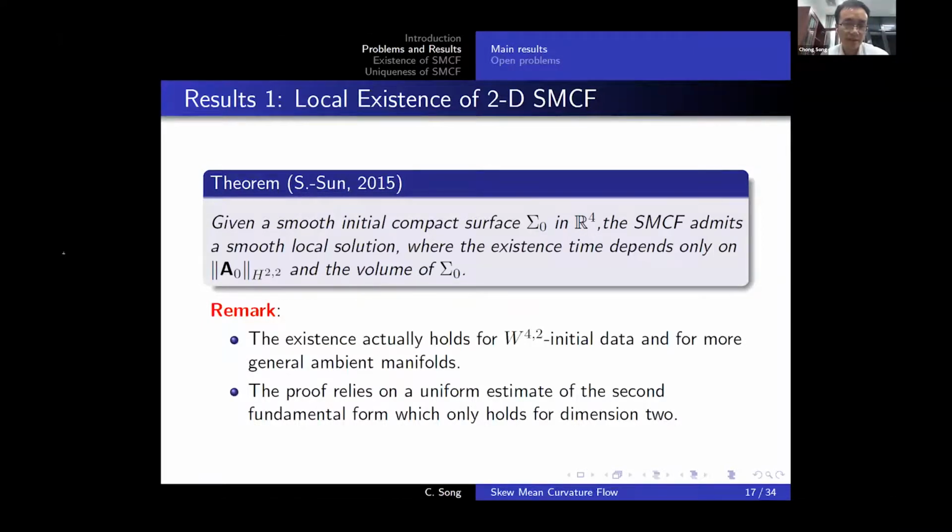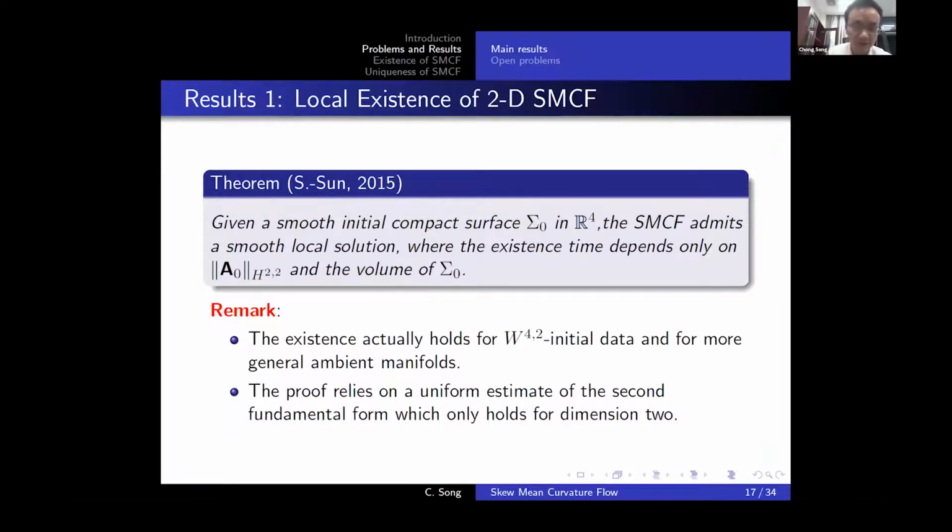Here are my results in this direction. Several years ago, Sun and I proved the local existence of 2D Schrodinger curvature flow, which is defined for a smooth initial compact surface. By compact I mean closed without boundary in R4.